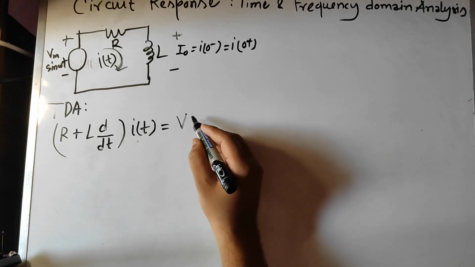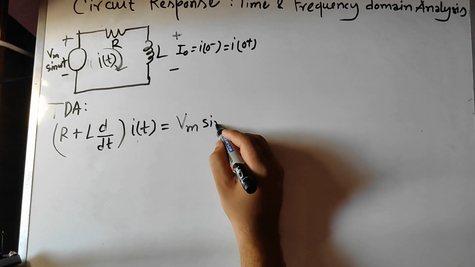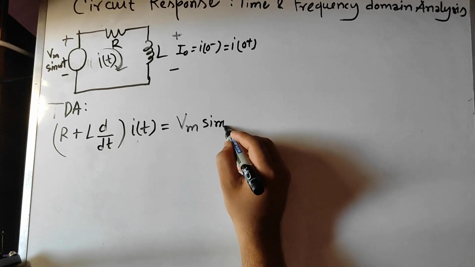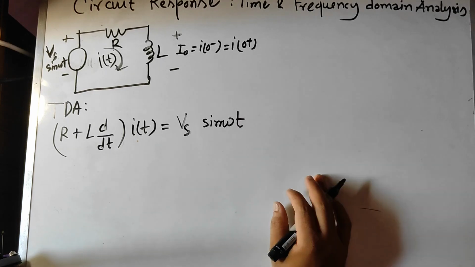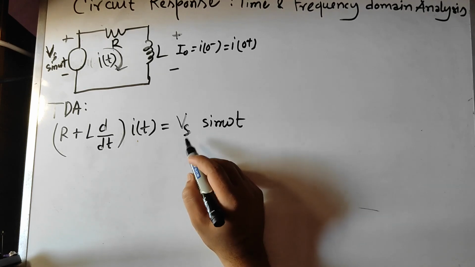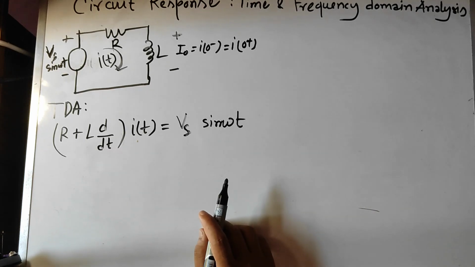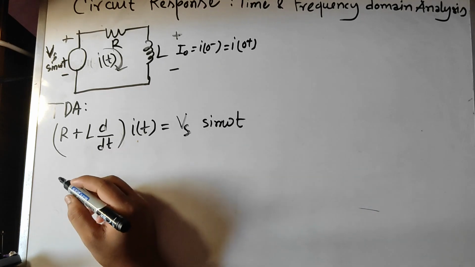The input here is Vm sine omega t. Let us address this as Vs because I denoted Vs in the previous lecture, so it will be helpful in some way or another.